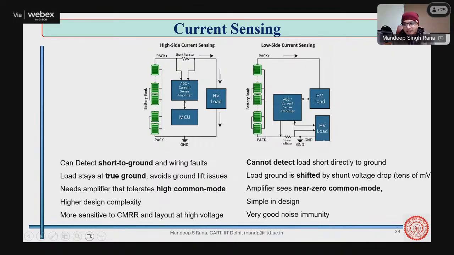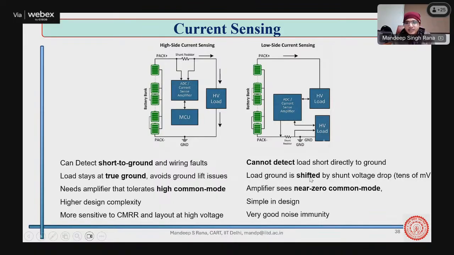Low side current sensing is preferable whenever we want a simple system. But it has just one problem: the load end is at ground level, and the battery pack level is not actually grounded. The negative terminal of the battery is at some voltage; if 100 amps current is flowing, it has 100 millivolts and it has zero.